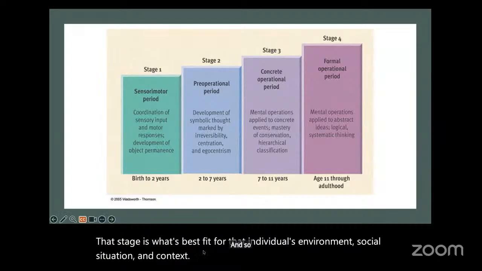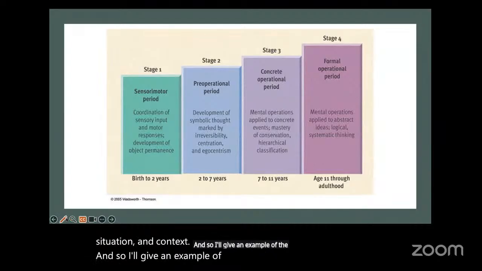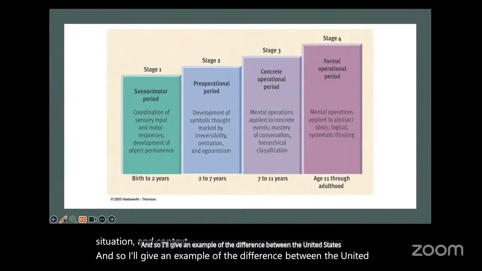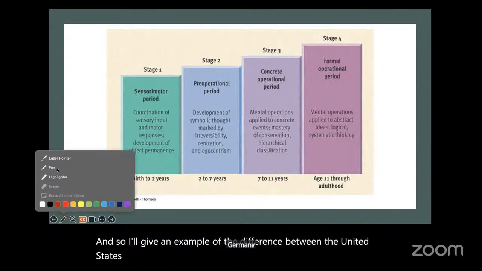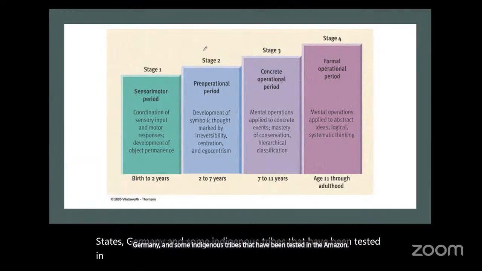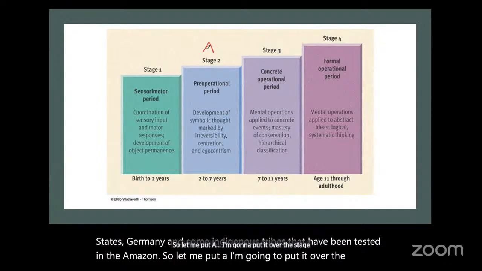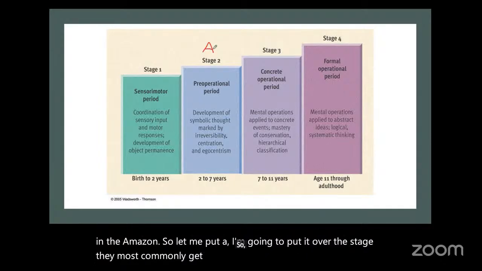So I'll give an example of the difference between the United States, Germany, and some indigenous tribes that have been tested in the Amazon. I'm going to put it over the stage they most commonly get to. So the Amazon usually gets to stage two.